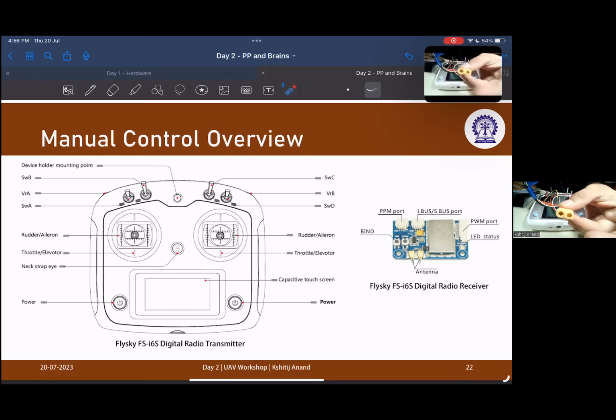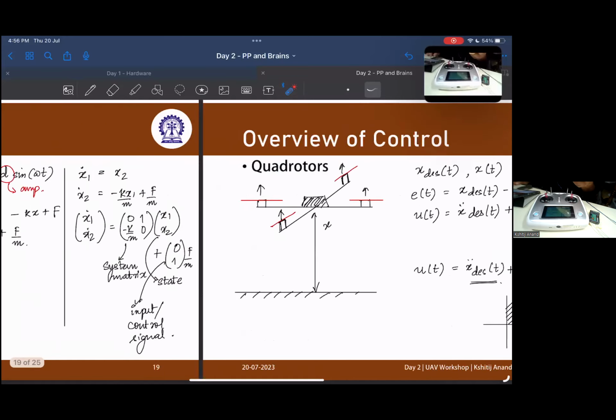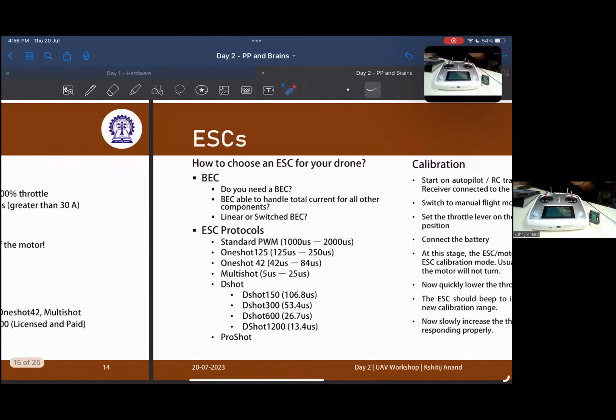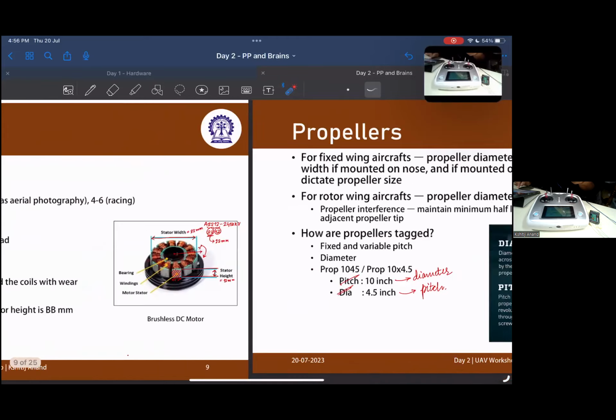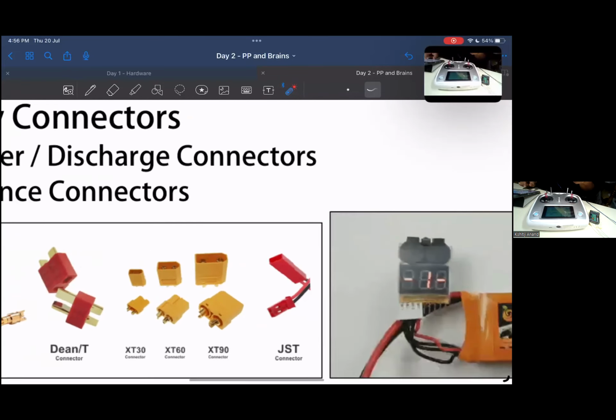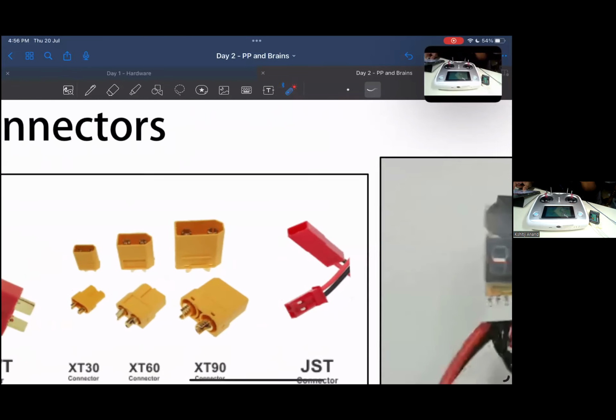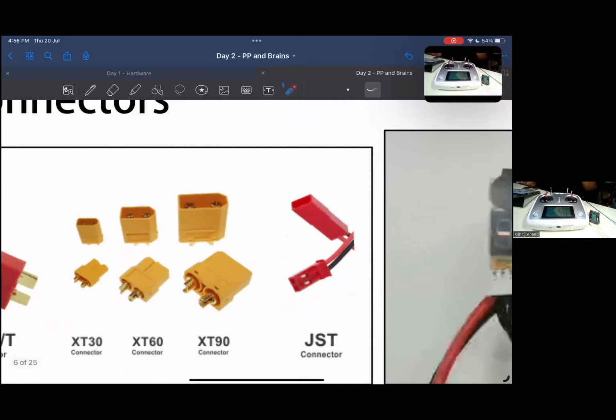As I told you, these are the power connectors. The red wire is the positive one, the black wire is the negative one.